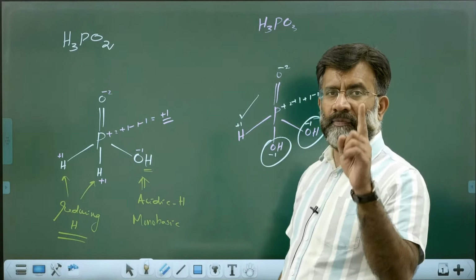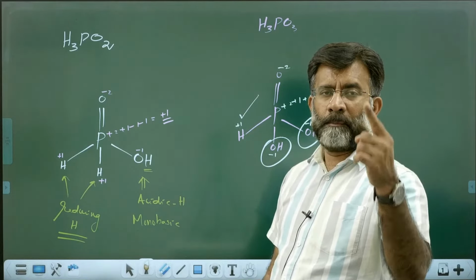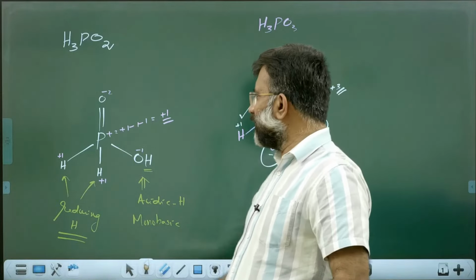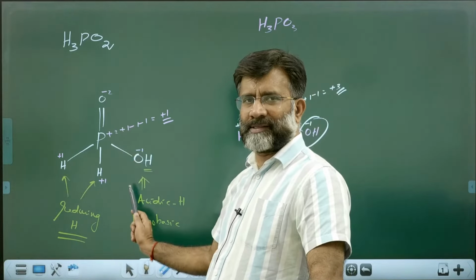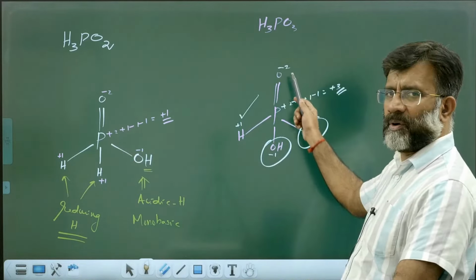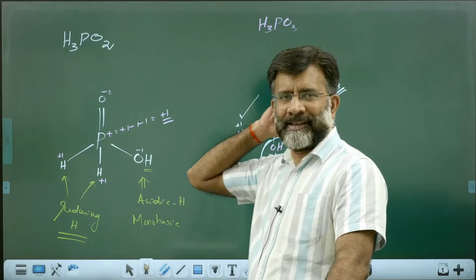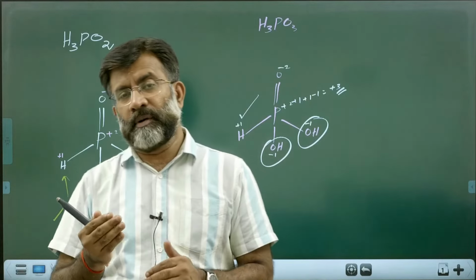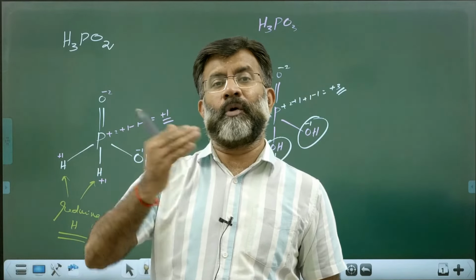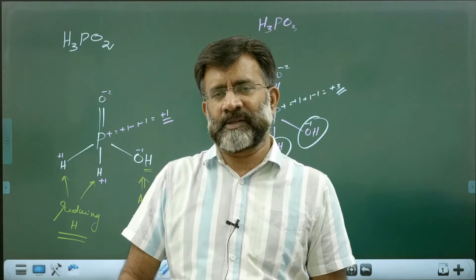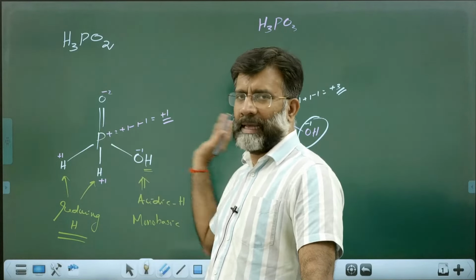The number of double bond O per OH group can decide the acidic strength. Here one double bond for one OH. Here one double bond for two OH, so per OH it will be half only. So in that sense, this is slightly more acidic than this, right?